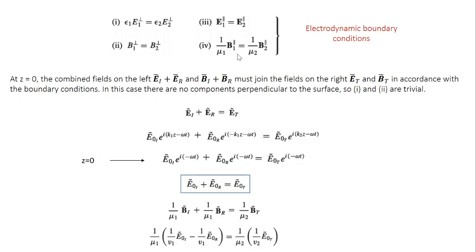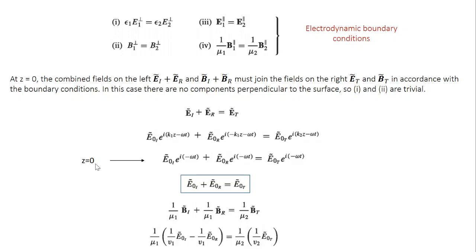Take the fourth boundary equation: 1 over mu1 into the parallel component of magnetic field in medium 1 equal to 1 over mu2 into the total parallel component in medium 2. So you can expand this as 1 over mu1 B_I complex plus 1 over mu1 B_R complex equal to 1 over mu2 B_T complex. Expand B_I, B_R and B_T, and write them in terms of the electric field.